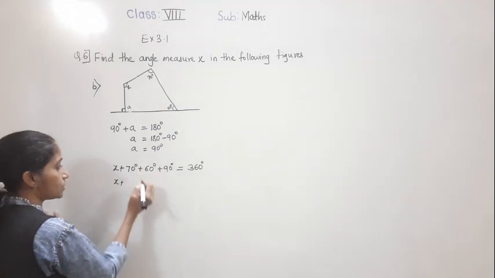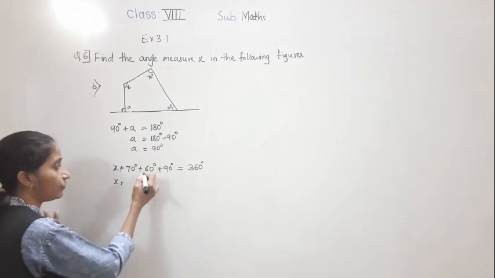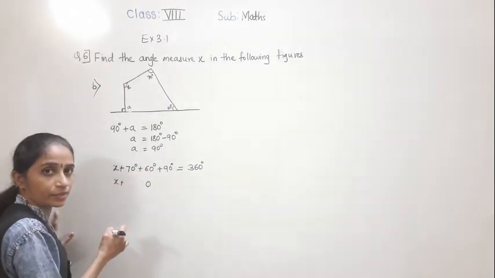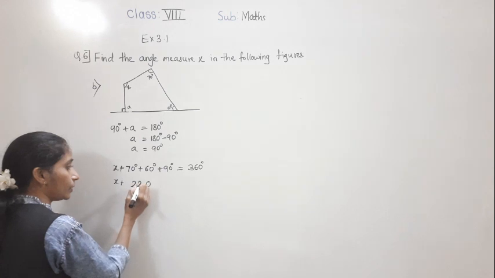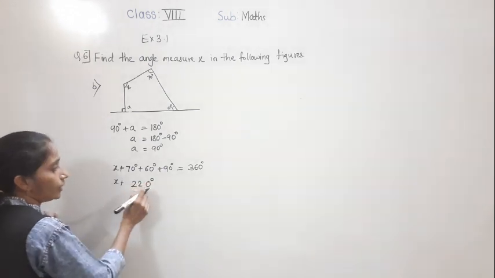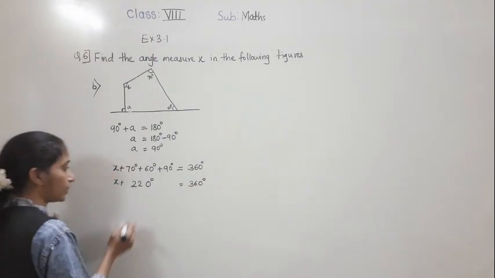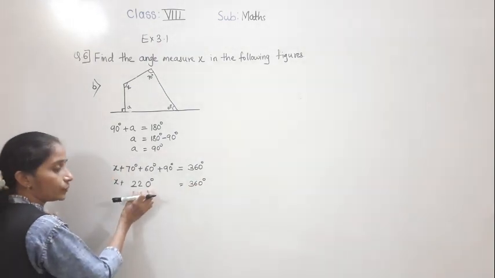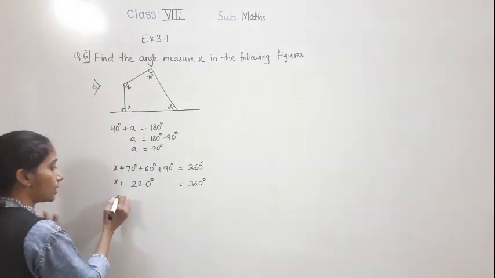0 plus 0 plus 0, 0. 9 plus 6, 15. 15 plus 7, 22. So x plus 220 degree is equal to 360 degree. We have to write as it is. So now 220 is here plus; if we transfer it to the right hand side, it will become minus.